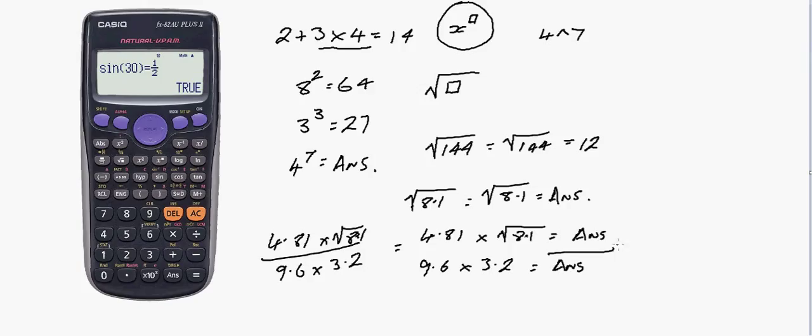Now you can put this whole thing into your calculator. You can put in 4.81 multiplied by the root of 8.1 divided by 9.6 times 3.2. But the problem with this is that you then have to start using brackets.